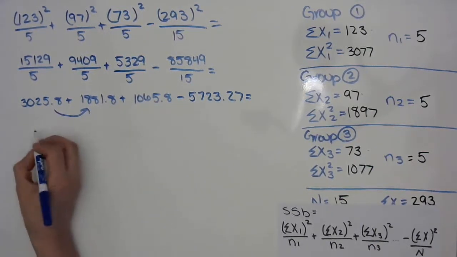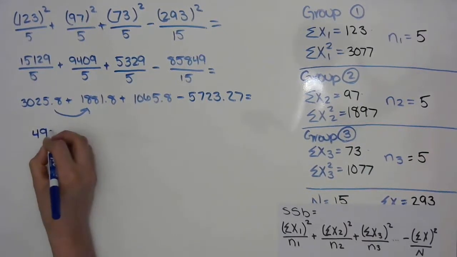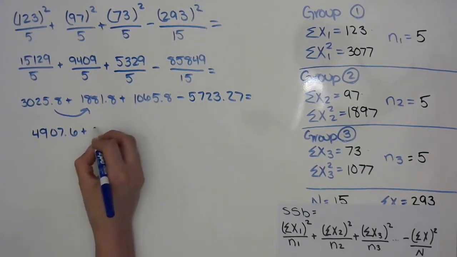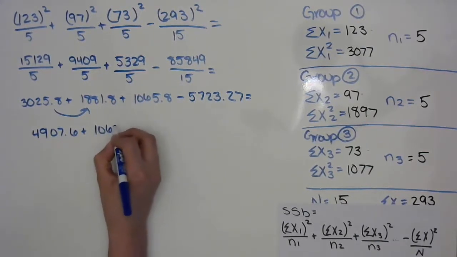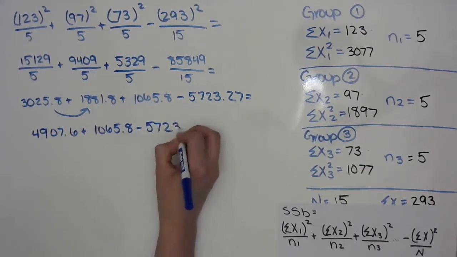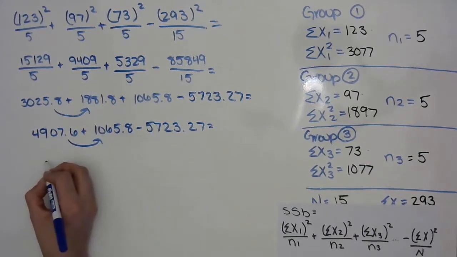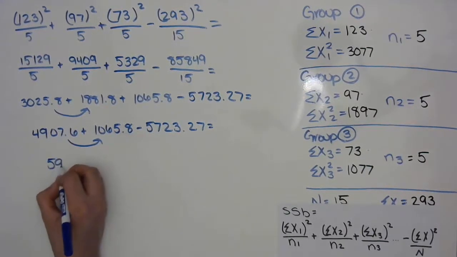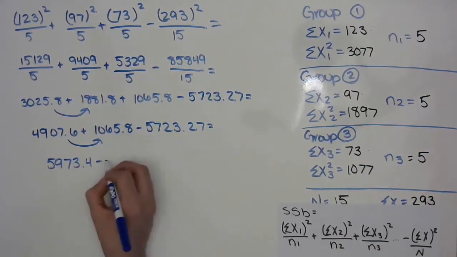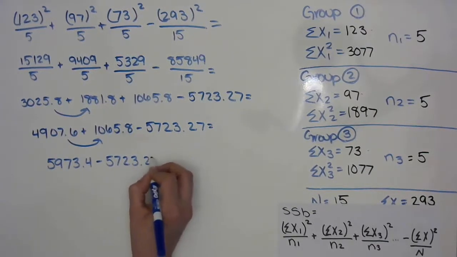Let's go ahead and do those. When we add those two values together, that's going to give us 4907.6 plus, and then we just add this down here, 1065.8 minus 5723.27. Now do these two numbers here, and that gives us 5,973.4 minus this value here of 5723.27.